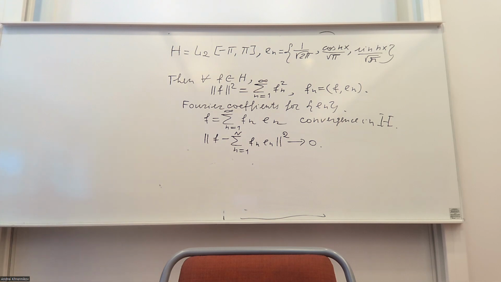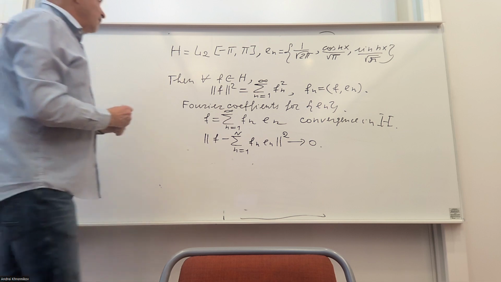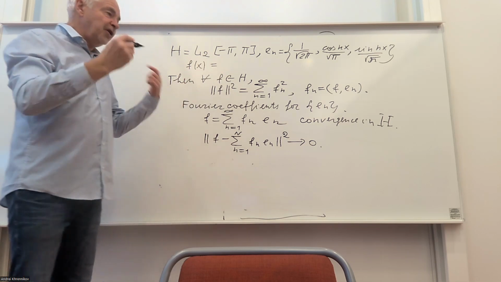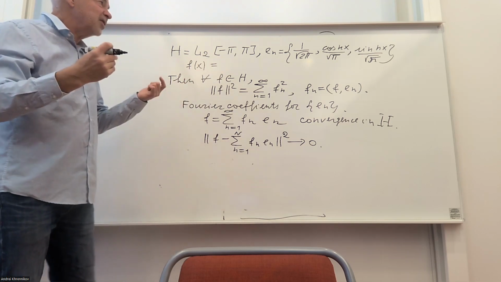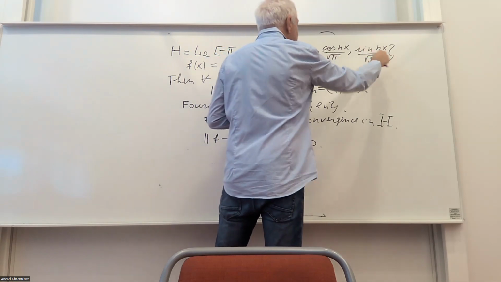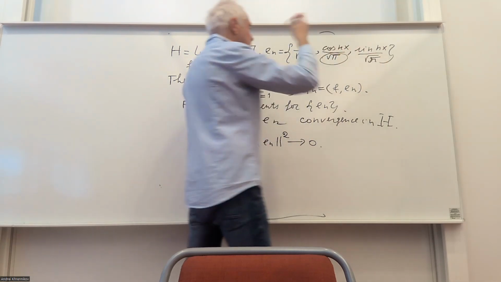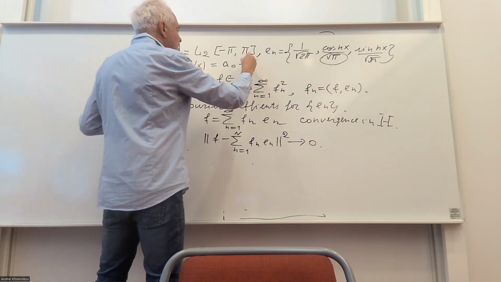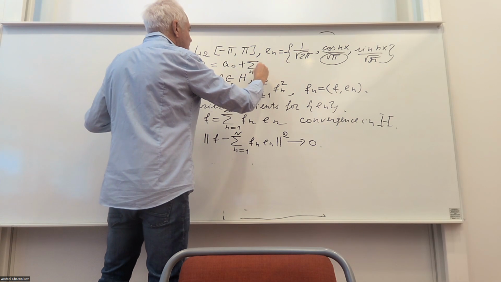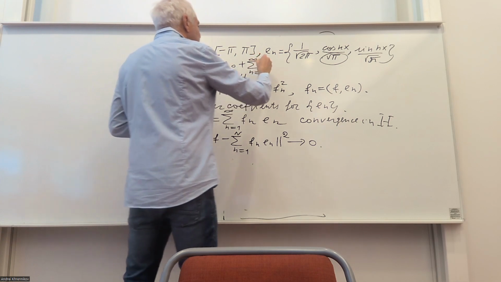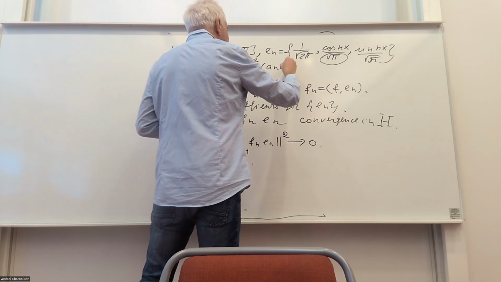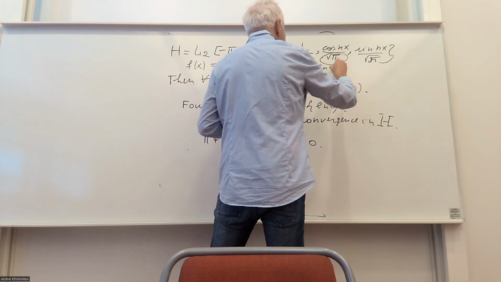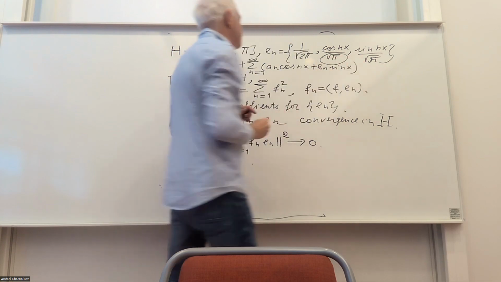Typically in classical Fourier series analysis, they don't want to play with these normalization constants, and they write the sum for n from 1 to infinity of an cosine nx plus bn sine nx.